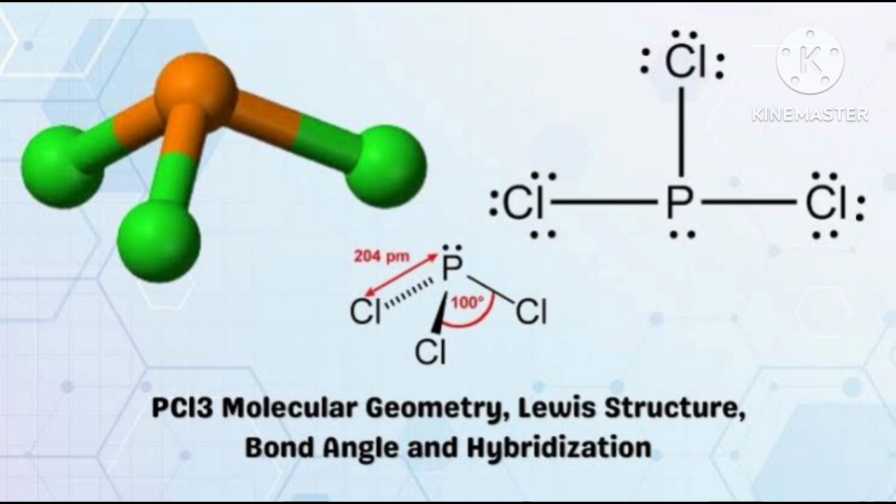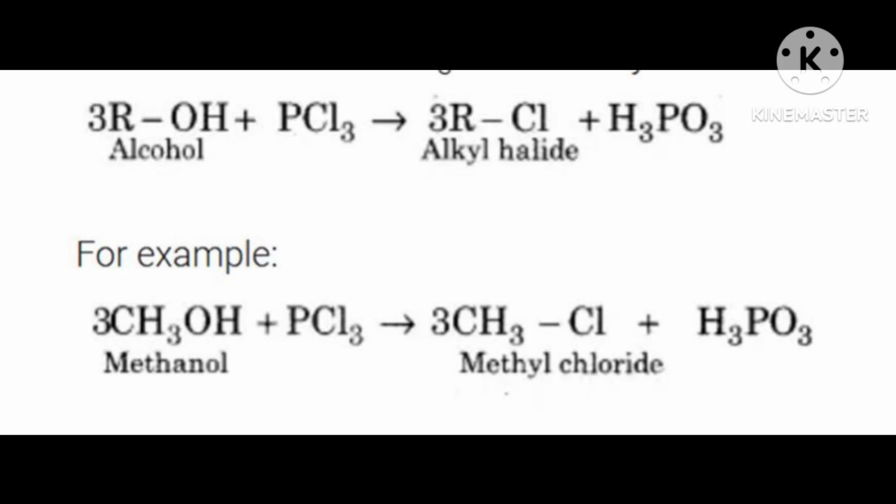Now this POCl3 will react further with water, and it will give H3PO4 plus HCl. The balanced equation is POCl3 plus 3H2O. Now it will give two products. The first product is H3PO4 and the other product is HCl. Okay, I have told you about these properties. Now I am telling you further properties.